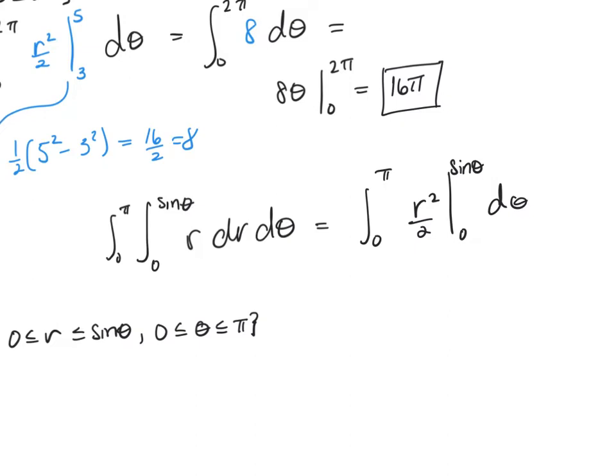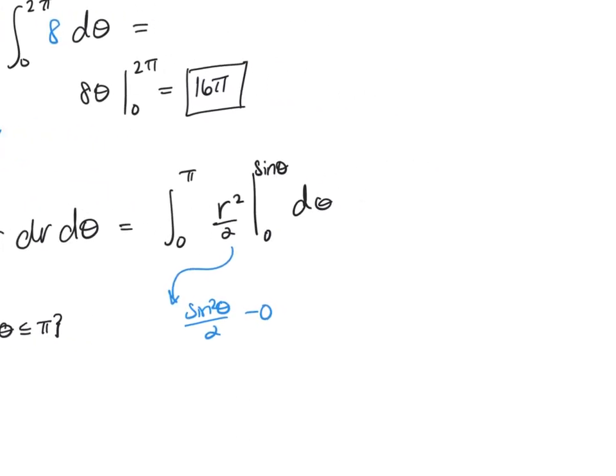So you know how I like to do this to the side, and so it's going to be sine squared theta divided by 2 minus 0. So this is going to be 1/2 the integration from 0 to pi of sine squared theta d theta.